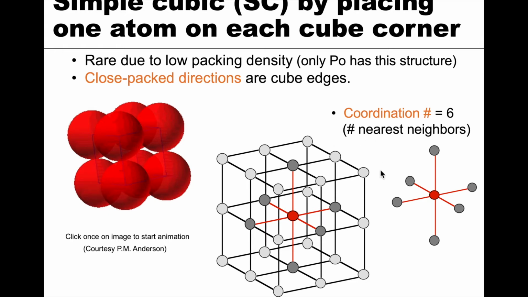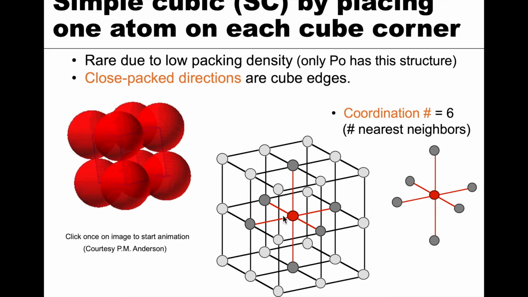Another thing we can look at is the coordination number. This is that nearest neighbor concept I brought up in the previous module. So how many neighbors is one reference atom touching? It's hard to see here because we only see the 8. But if we focus on this red one as our reference point, we see that it would be touching this atom, this atom, this atom, this atom, and then the one below and the one above.